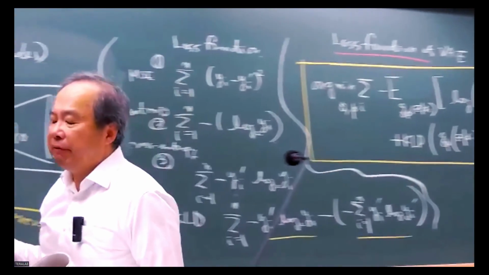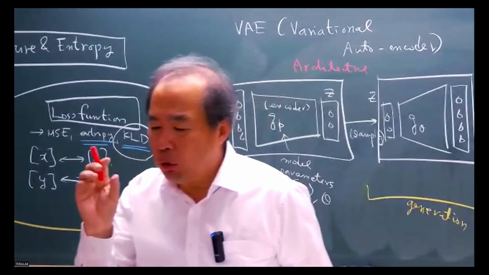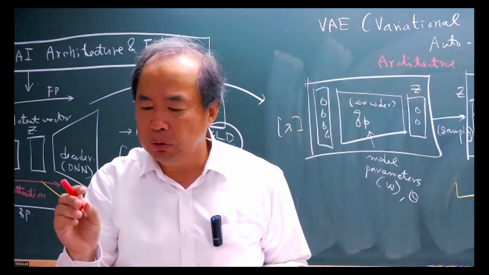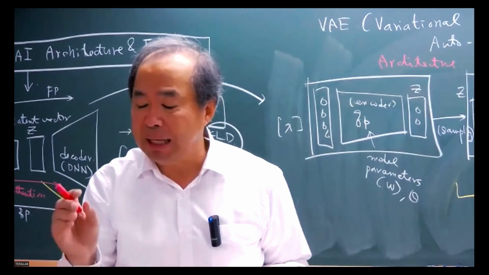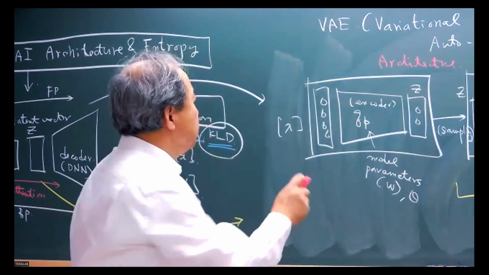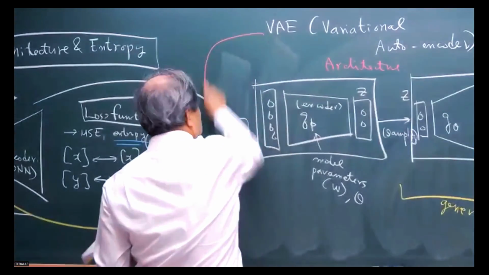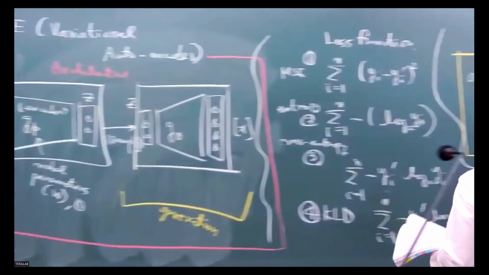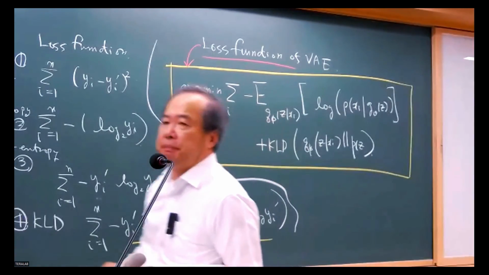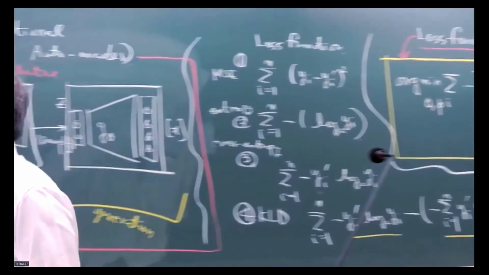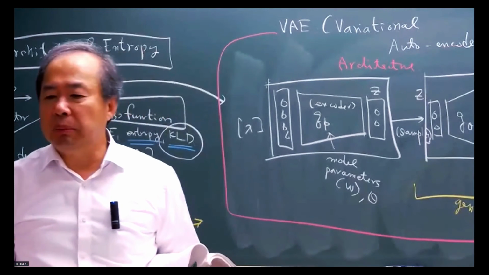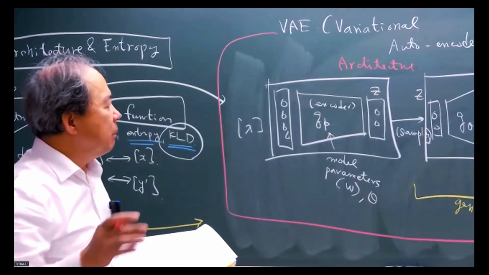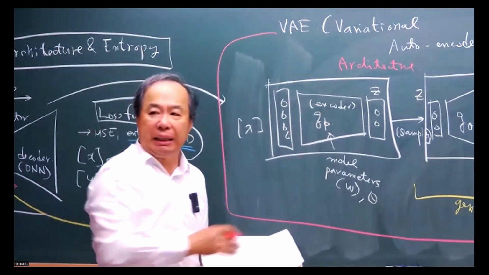If I have to explain the very core concept of variational autoencoder, which is a very symbolic generative AI architecture, then I would use these two figures. One shows the architecture, and the second one shows the loss function. If later on, sometime in the future, you want to design a new generative AI, probably you have to start with this architecture.